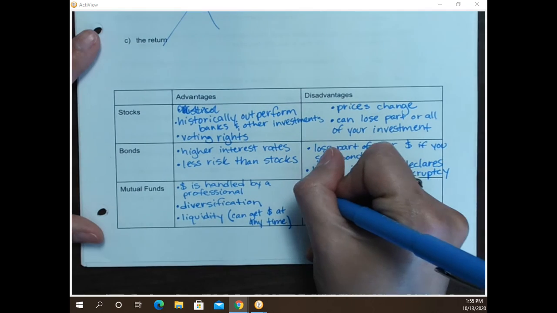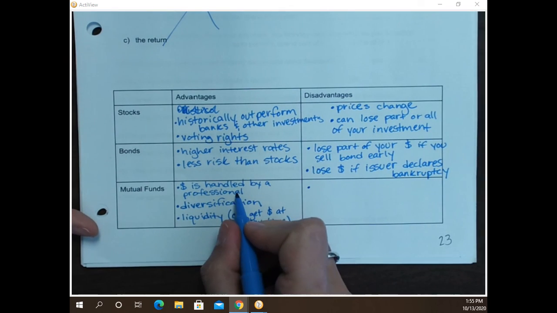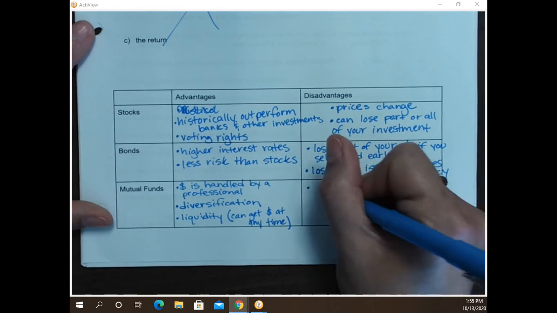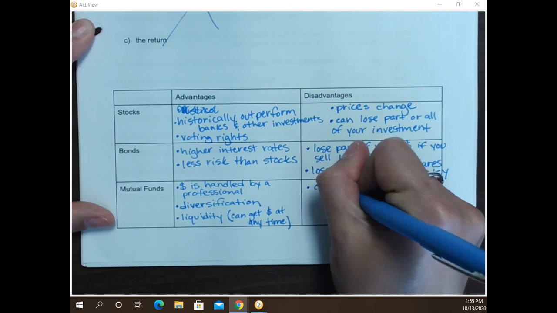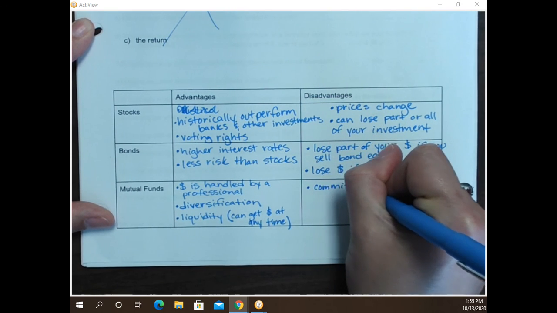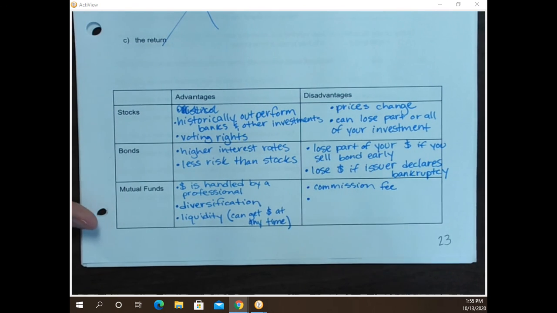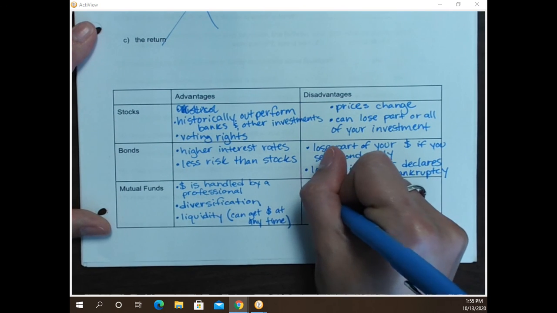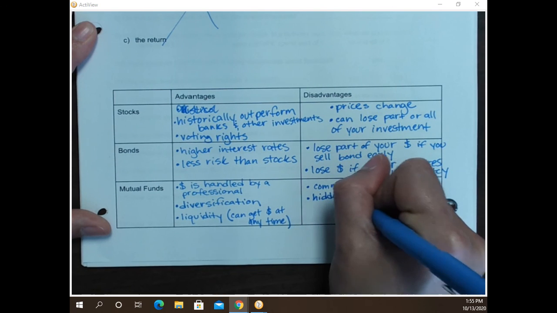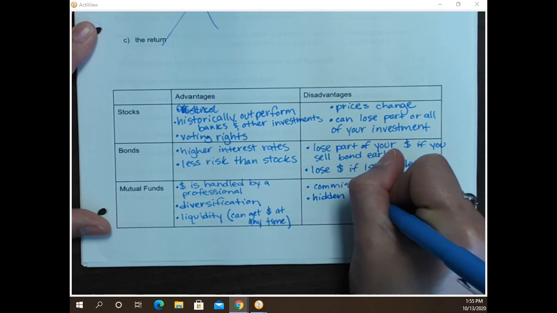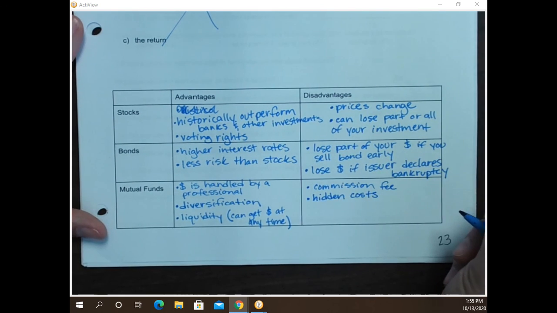Some disadvantages of mutual funds: because it's handled by a professional, that means you have to pay that commission fee. Mutual funds also have a reputation of having hidden costs. That's why if you ever sign a contract, you should read it very carefully.